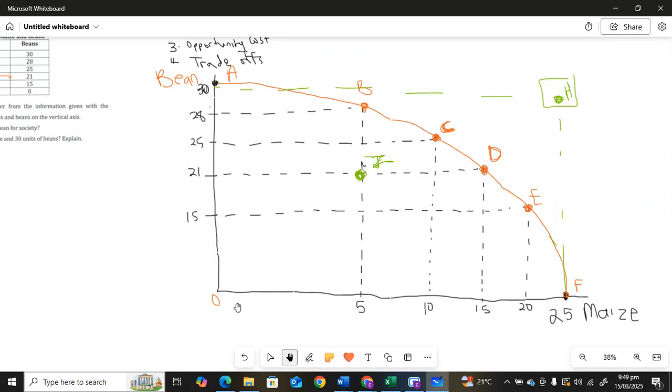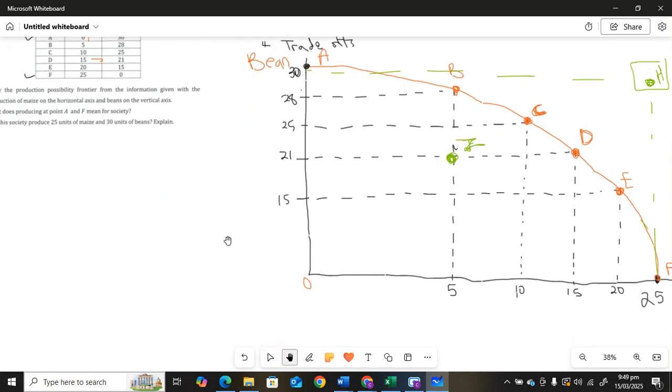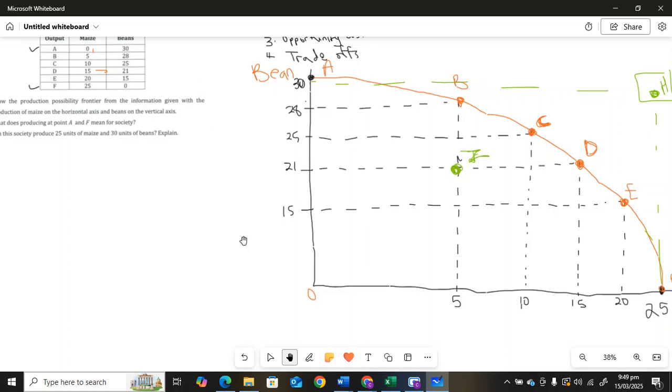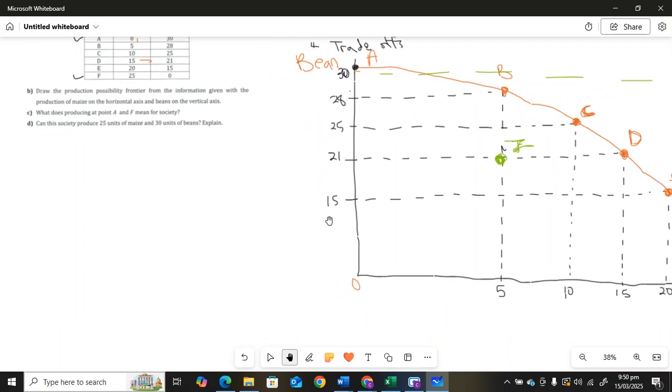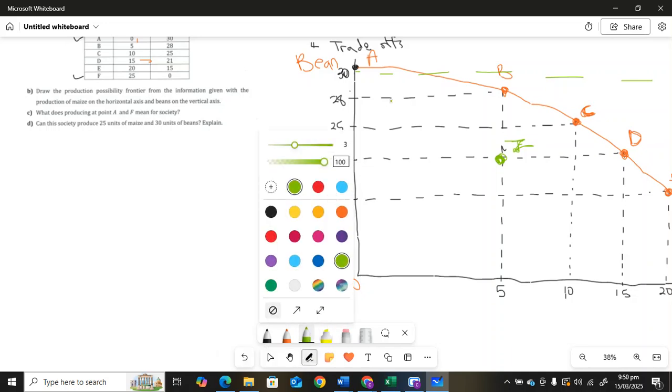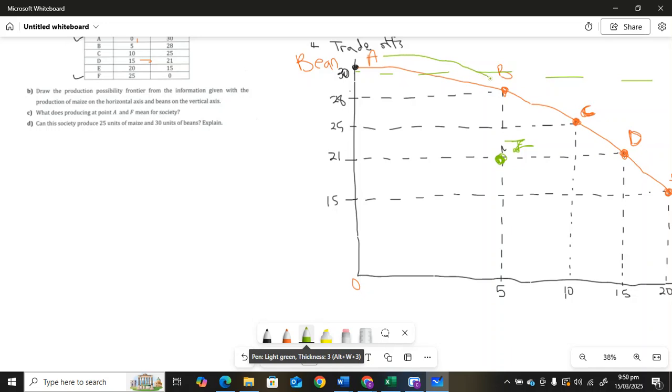Now, let me just add on some extra information so that should they bring any type of question dealing with this PPF curve, you understand. Sometimes they can ask you to calculate the opportunity cost. For example, if we move from point A to point B, basically, we were producing 30 units of beans.